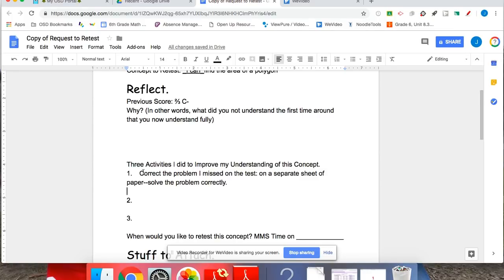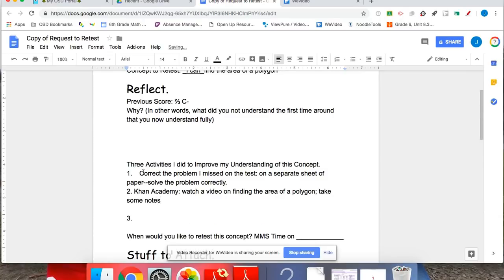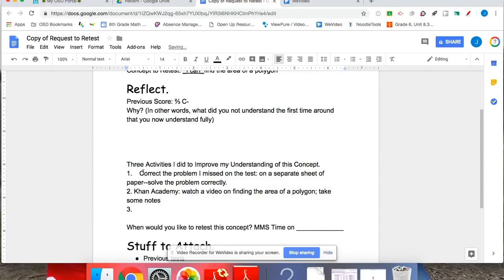Another thing students can do easily on their own time, without needing to rely on Core Flex time, is if they have a Chromebook, they can go on Khan Academy. Watch a video on finding the area of a polygon, and maybe take some notes on a piece of paper.